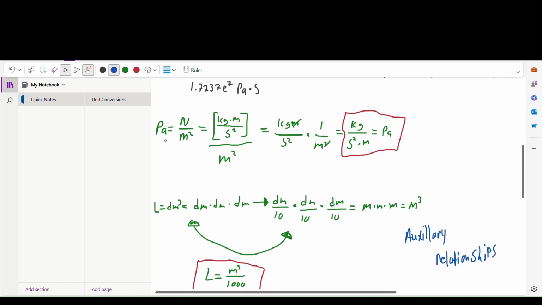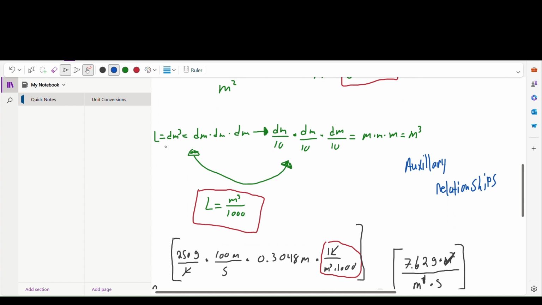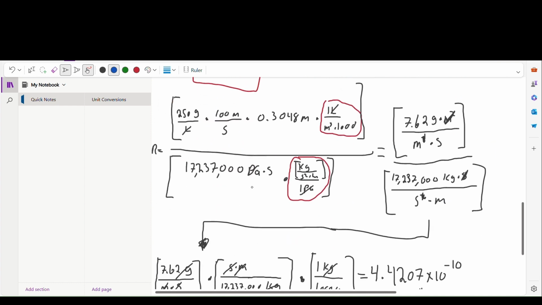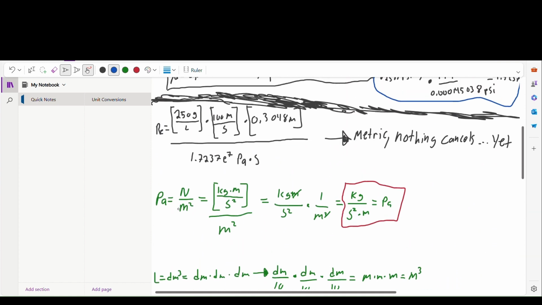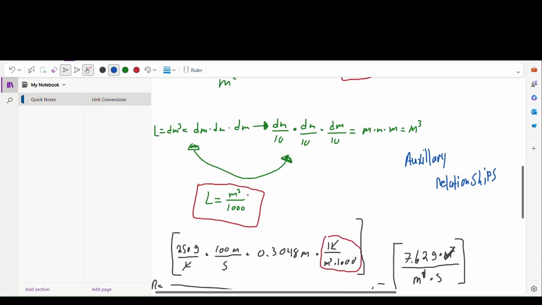Like I say, a Pascal is definitely a metric unit of pressure, and a liter is definitely a metric unit of volume. But in order to get this thing to be unitless, you have to start playing around with what is a liter in terms of meters and what is a Pascal in terms of kilograms and seconds and meters.